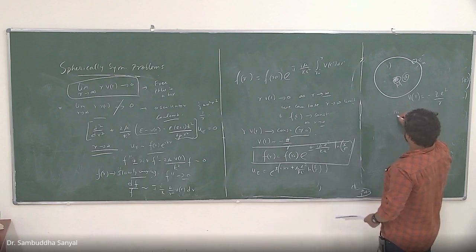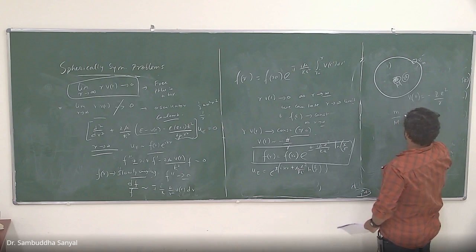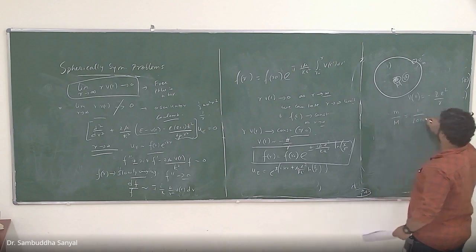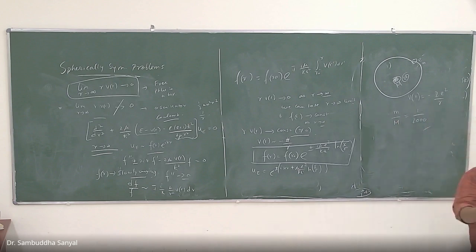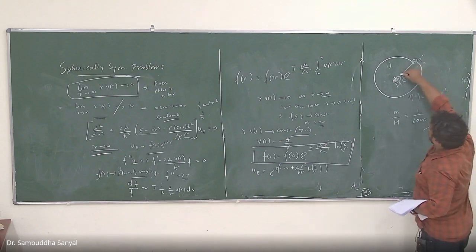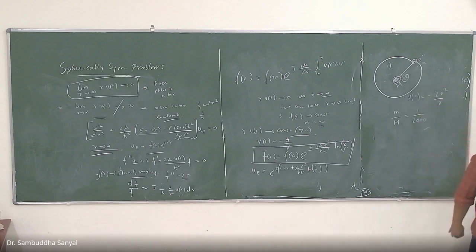So just to say this, this is M and this is m, and this ratio is almost 1 by 2000. When two particles are interacting via a central force, by classical mechanics they are basically orbiting each other, but the center of that orbit is located somewhere towards the heavier mass.